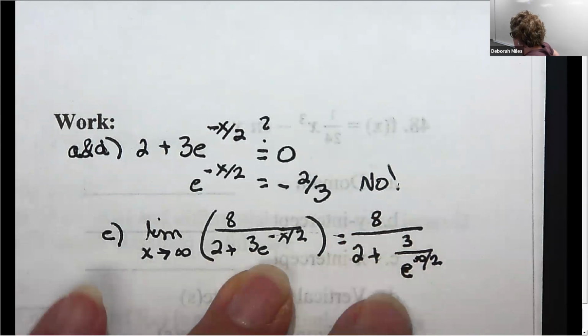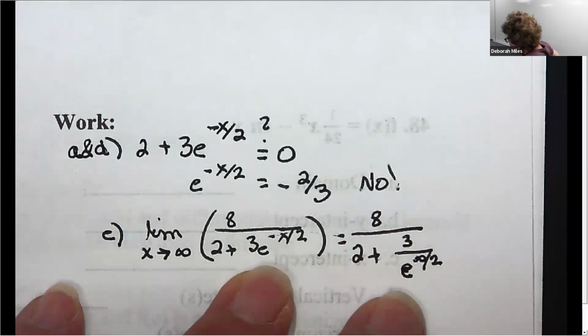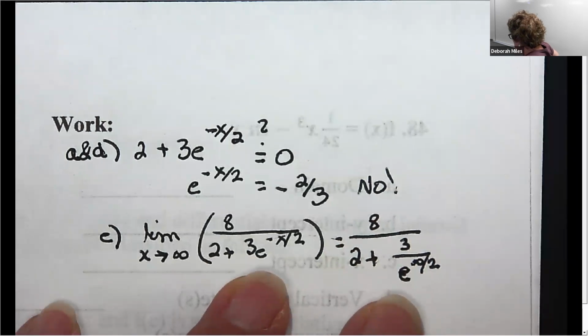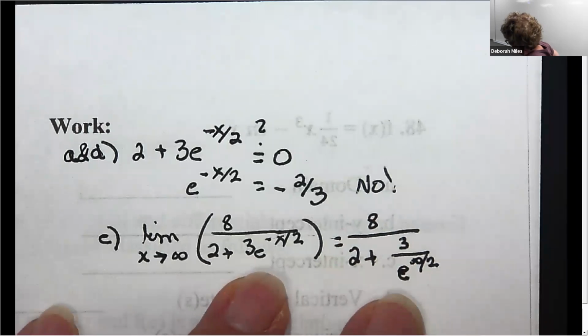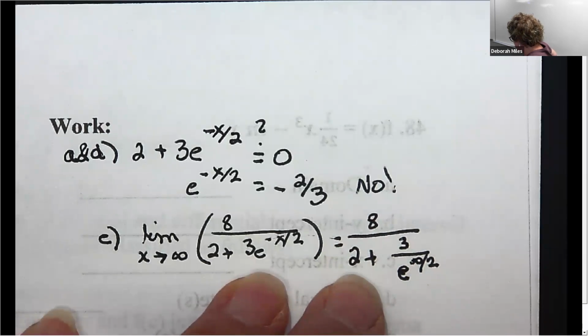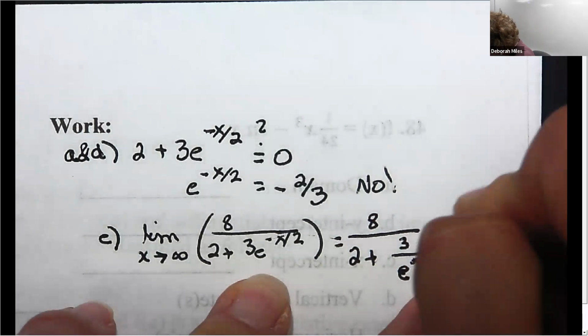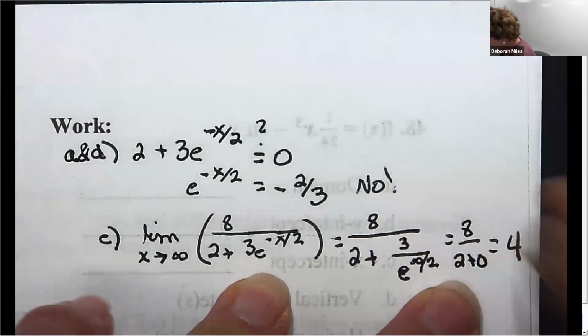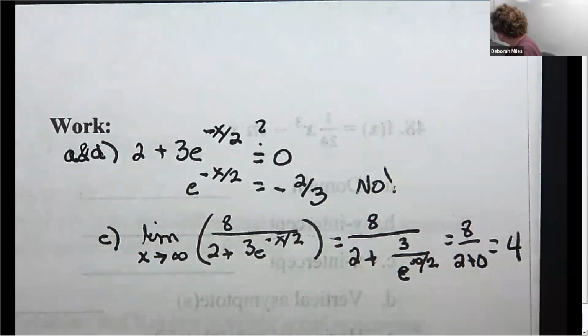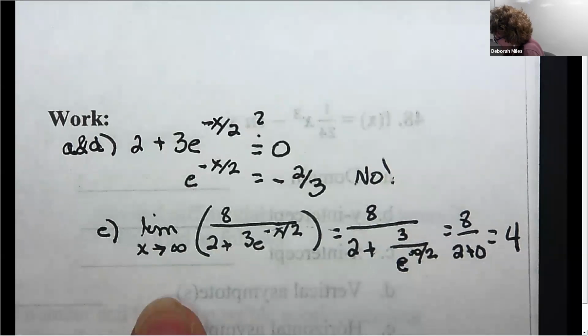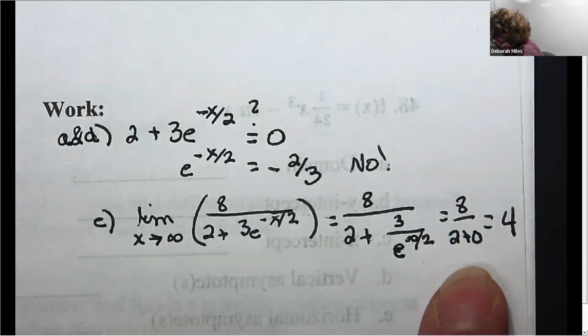So what's 3 over e to the infinity? 0. 3 divided by a bazillion. Each person gets a crumb. That second term of the denominator is just 0. And so what's left of that expression? 8 over 2 plus 0. So there is a horizontal asymptote: as x goes to positive infinity, y is going to 4.